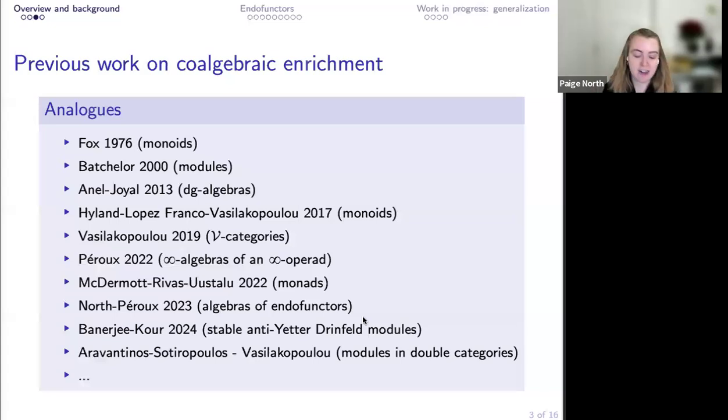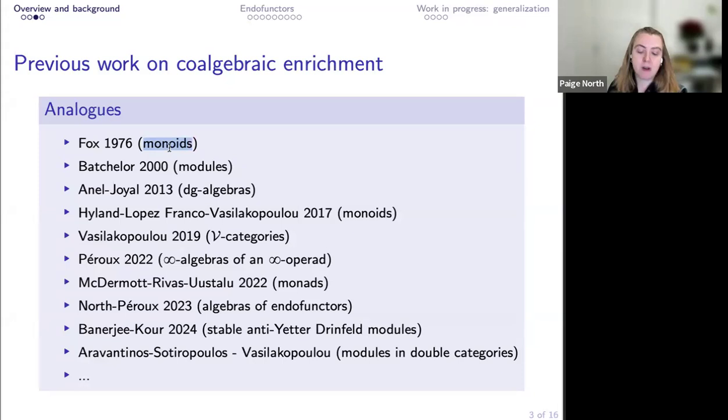Then there are many, many analogues that have come up. So I've given similar talks to this before, and in the first version, this list was very short, but as I've given the talks, people have told me about more and more instances.